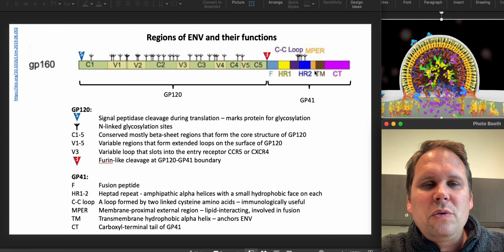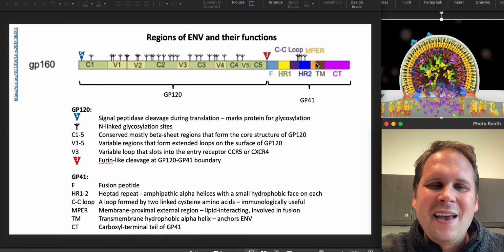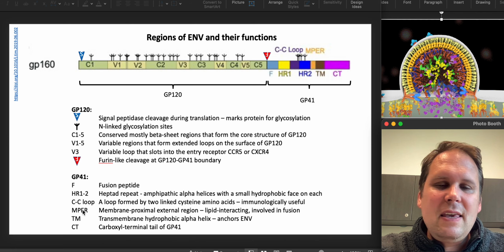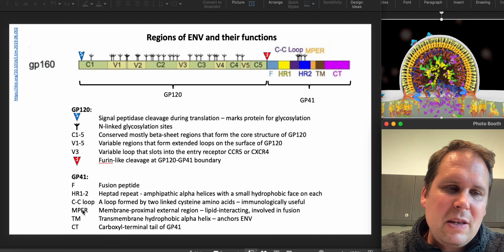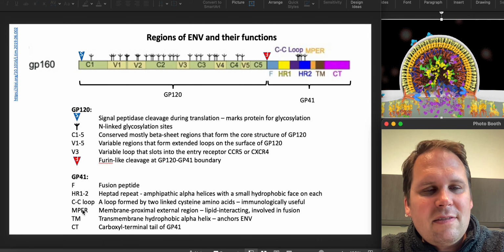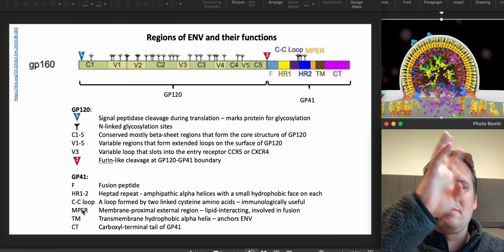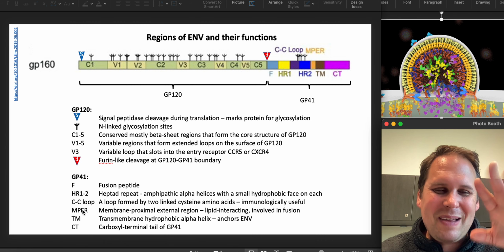Below HR2 is the membrane proximal external region, the MPER, which is a highly conserved region of the protein that's just outside the transmembrane, which is the TM. The MPER is going to have some very big, very hydrophobic amino acids. And we think this directly interacts with lipids. It's basically going to splash some lipids from the virus, just like you do in the swimming pool, splash, splash, splash.